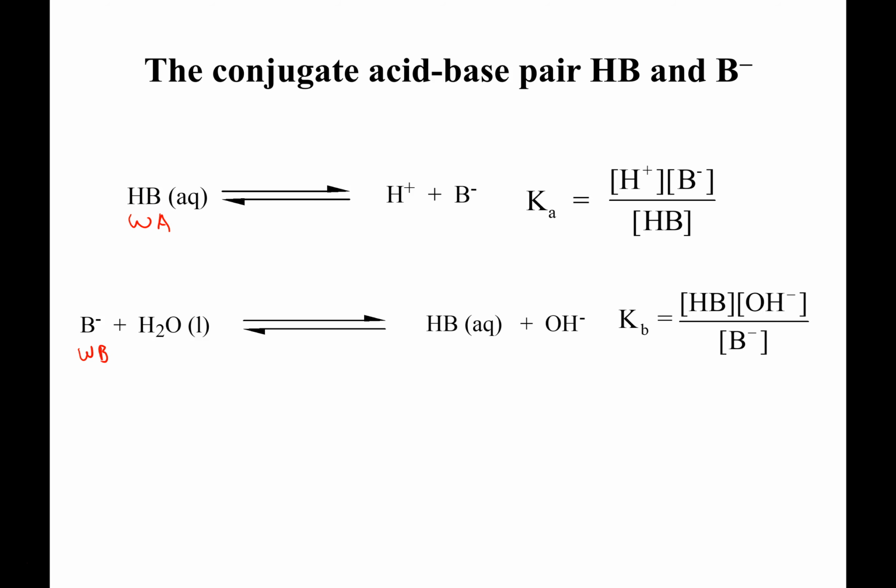And then over here I'll put conjugate base of weak acid. And this HB on the second one is actually the conjugate acid of a weak base. And that's significant.